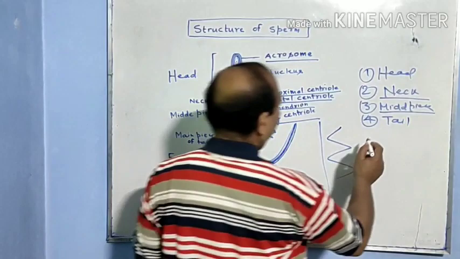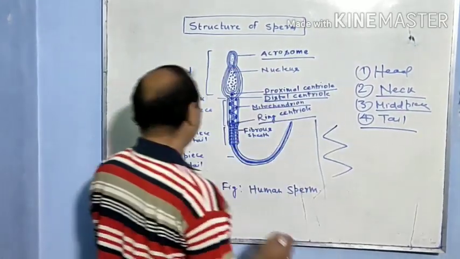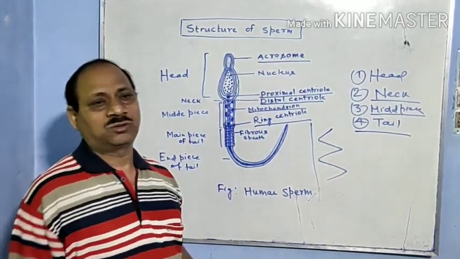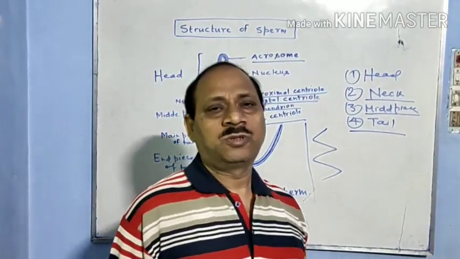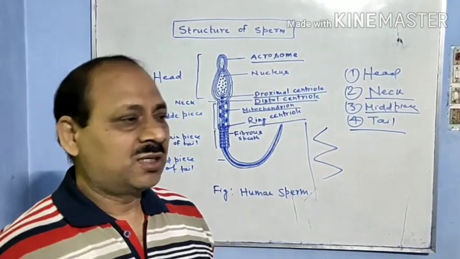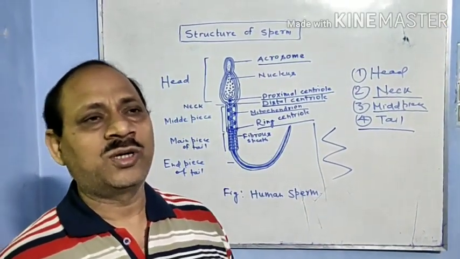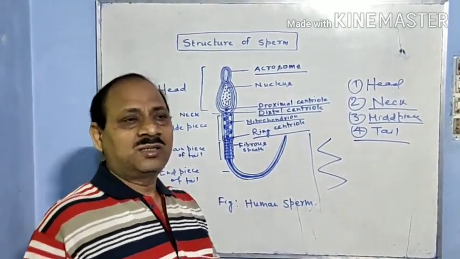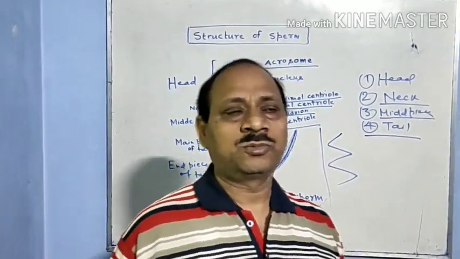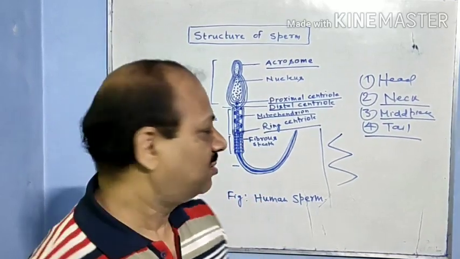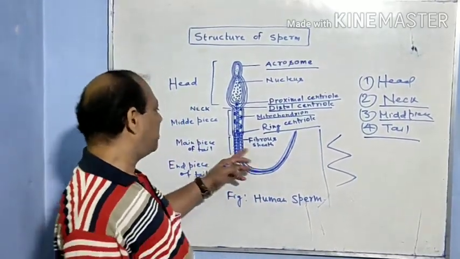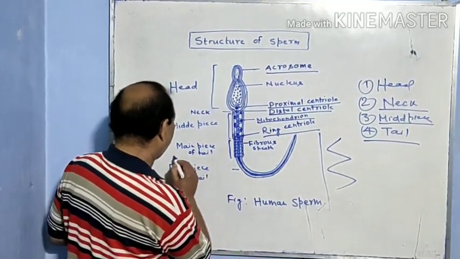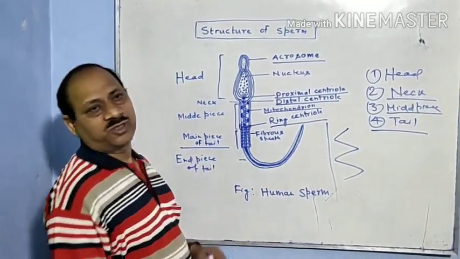Now I shall discuss about the tail. Tail is the lowermost part of a sperm. It is several times longer than the head and it helps the sperm to swim in semen. It can be divided in two parts. This part is known as main piece of tail.